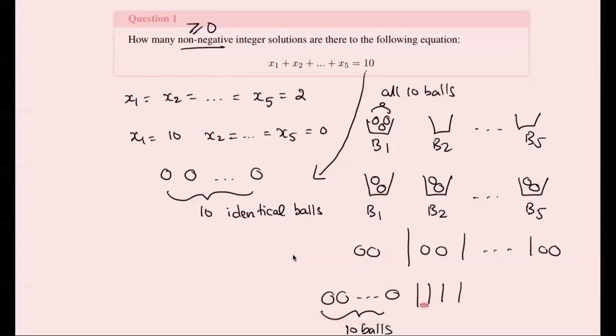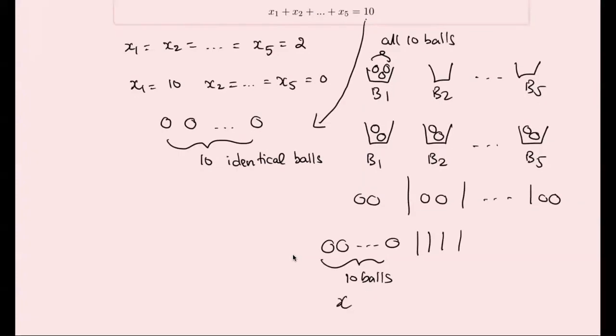My bin 2 has 0 balls. My bin 3, bin 4, bin 5 also have 0 balls. This is exactly this representation, and this is equal to the case when x1 equals 10, x2 equals x3 equals x4 equals x5 equals 0.